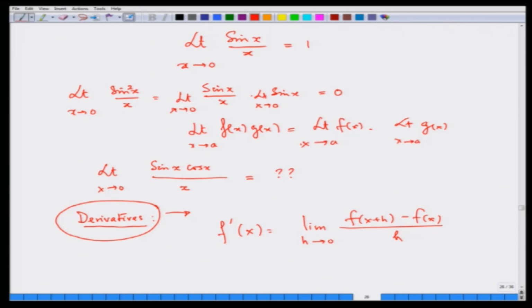Now, in this definition, h of course means h is going to 0 from the right and h is going to 0 from the left, both ways. This notion of a derivative of a function is also central to all mathematics. So, this is a very important notion that we are going to start studying in the next class.